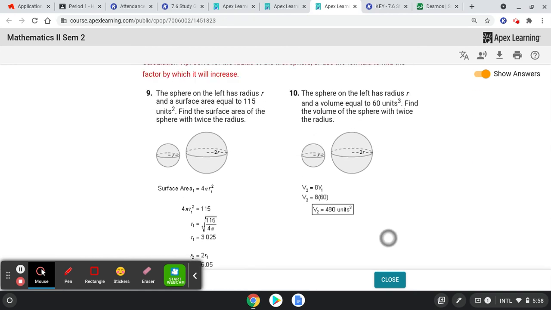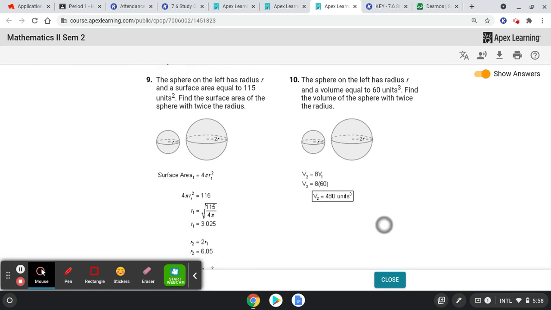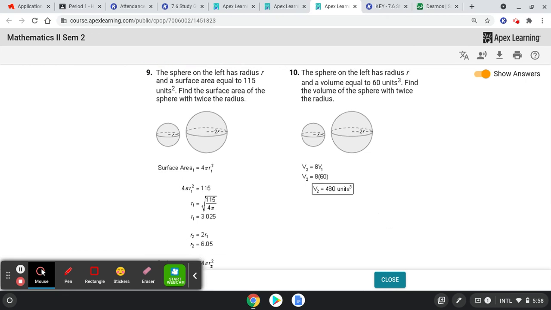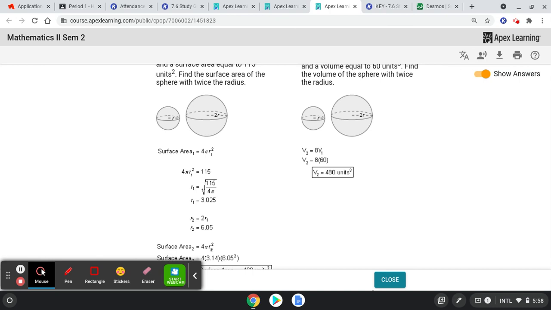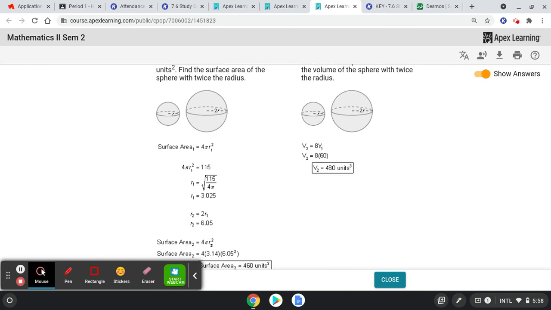And so it's asking you the volume of a sphere with twice the radius. And so here, plugging in, it's like we're working backwards to solve for that R, and then we take that and double it.